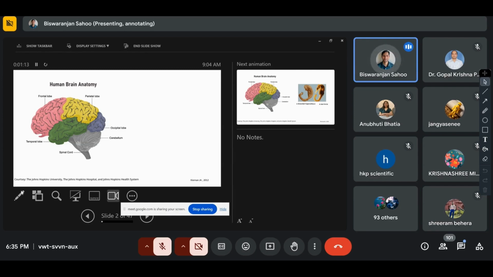The frontal lobe is very important for planning and executive function, and the parietal lobe handles sensory processing, for example touch and taste. The occipital lobe processes visual information, and the temporal lobe is another very important lobe, housing structures like the hippocampus. The hippocampus is one of the most important structures for memory formation.